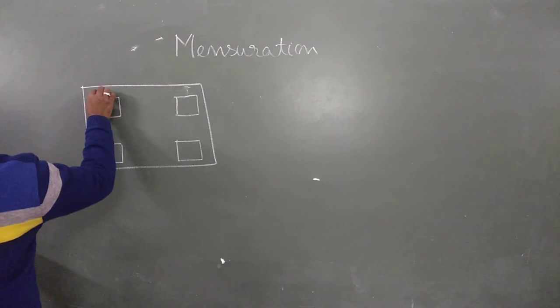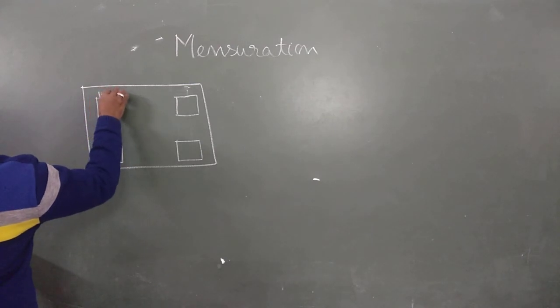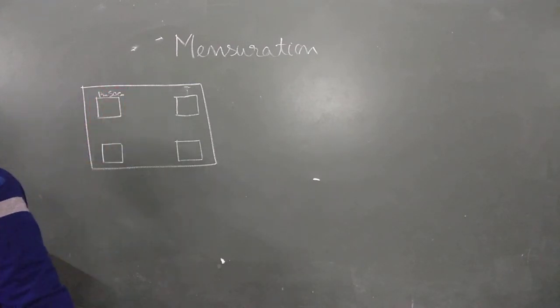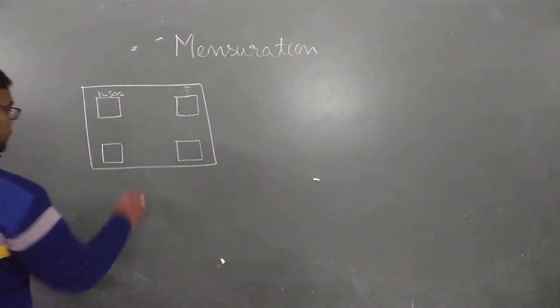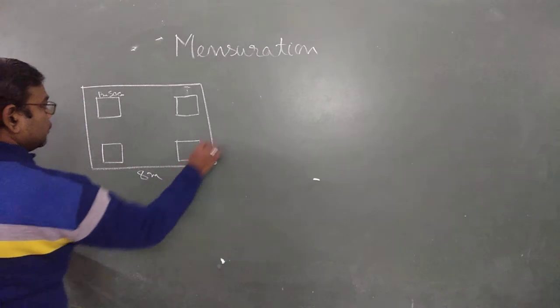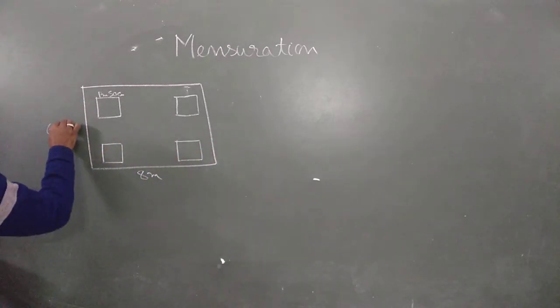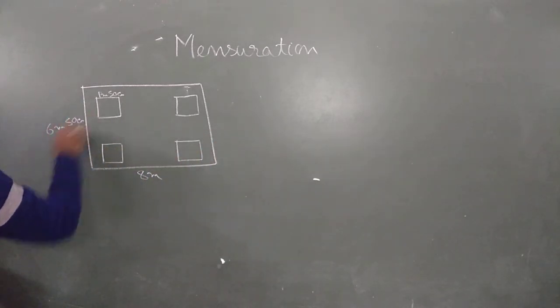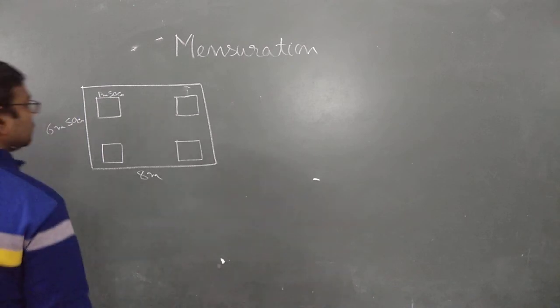Clear? Side of each is 1 meter 50 centimeter each, and the land is 8 meter long and 6 meter 50 centimeter broad. How do we solve this one?